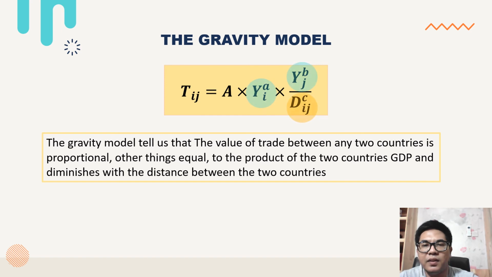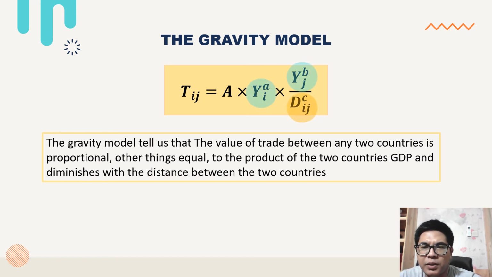And the last letter is D. It denotes the distance between two countries. So the equation says that there are two things that determine the value of trade between two countries: the two countries' GDP and the distance between them.